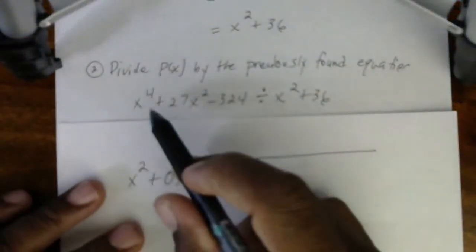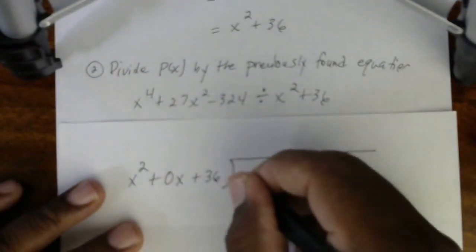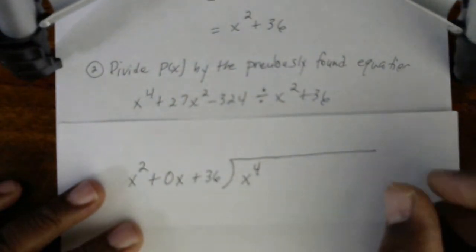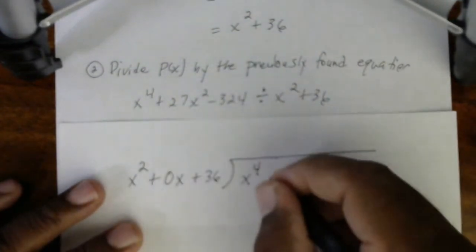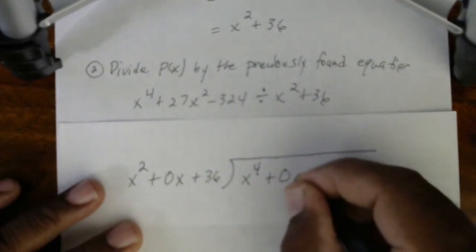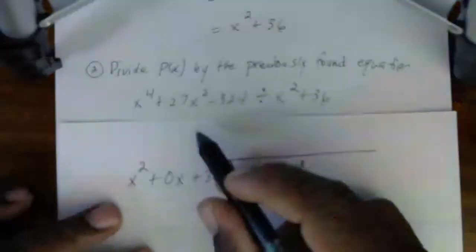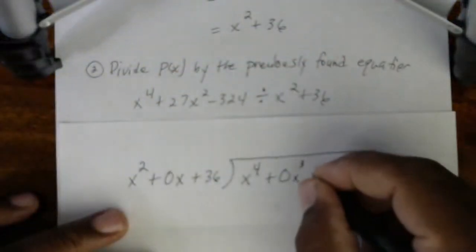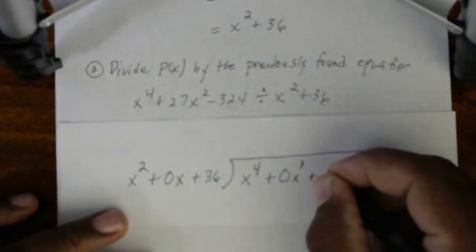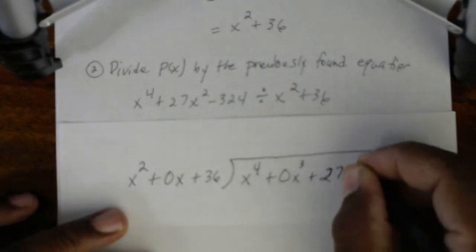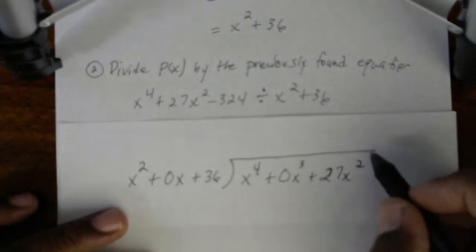For my dividend, I have my fourth degree term. I don't have a third degree term, so I'm going to put in a filler third degree term. I have my second degree term, 27x squared.